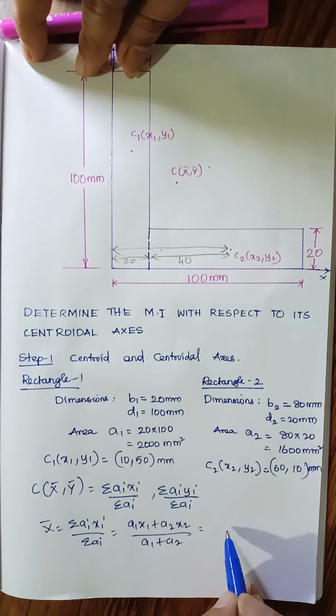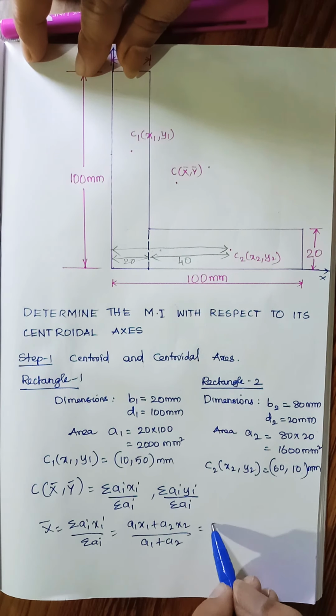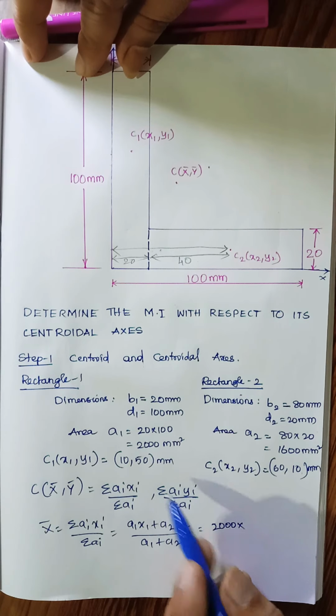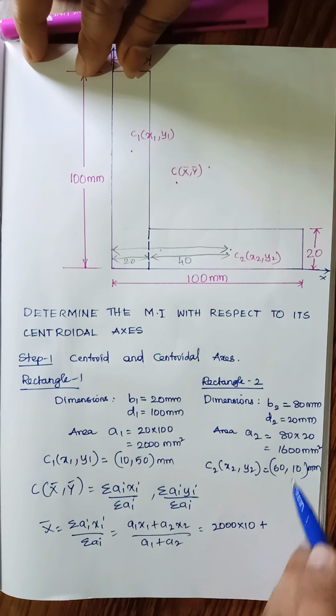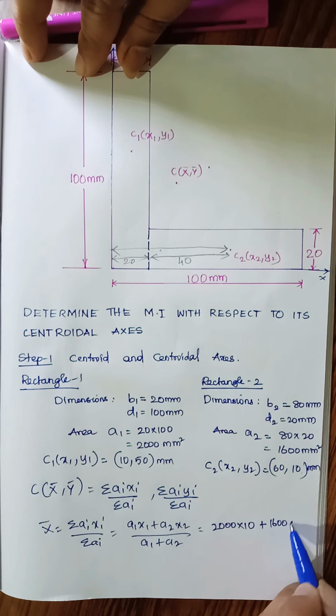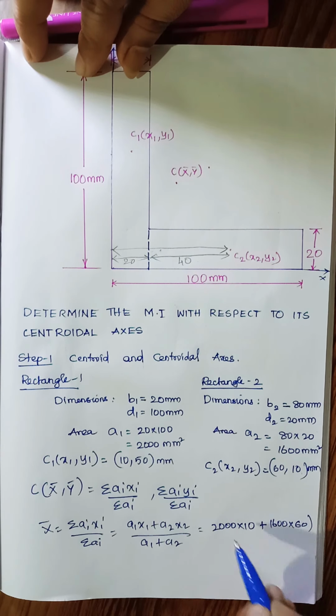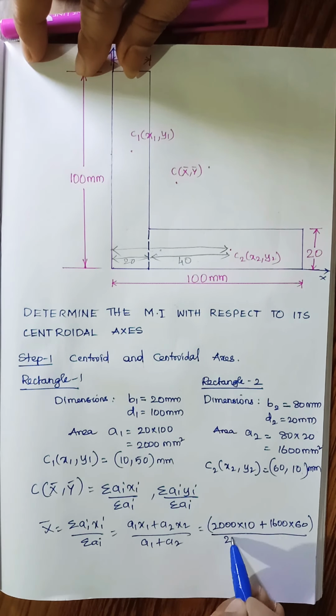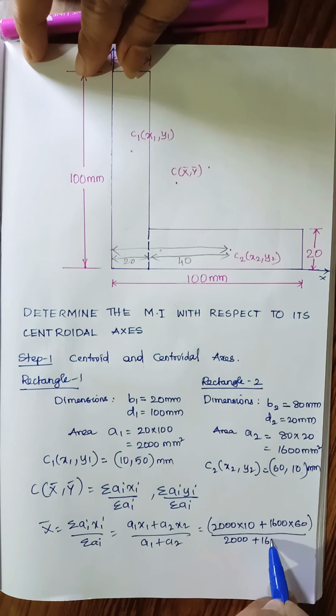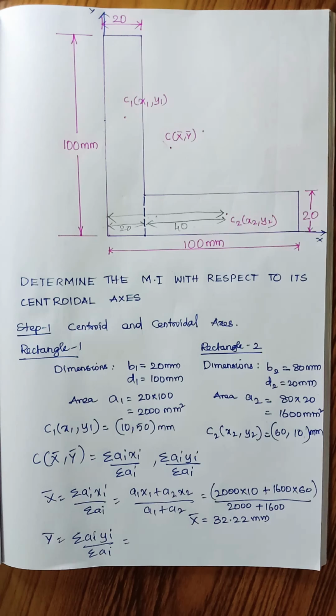So I'll write down all the values here. A1 is 2000 multiplied by x1 is 10 plus A2 is 1600 multiplied by x2 is 60 millimeter divided by 2000 plus 1600. Now after substitution and calculation, we got x bar equal to 32.22 millimeter.